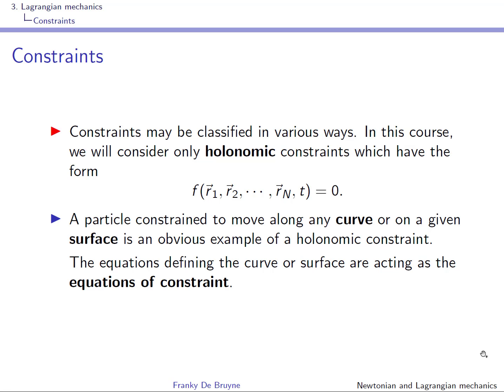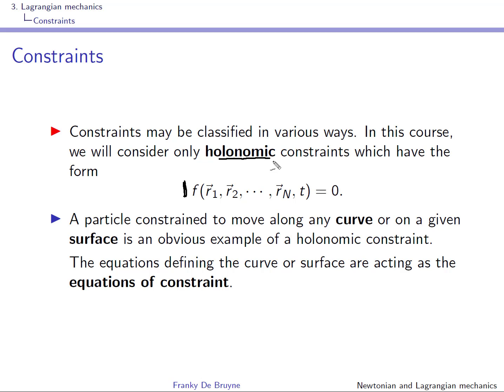Okay, the constraints that we'll consider in this course are called holonomic constraints, right? This means that they can be written in this form. This is not very important because in reality it goes far beyond the scope of this course. This is why I've mentioned it as for your information. But in practice, what does that mean?